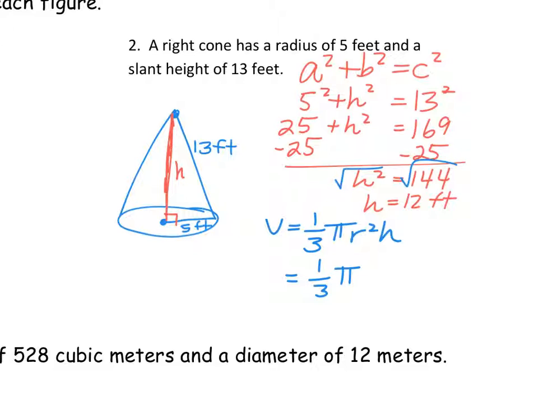Pi times the radius squared. Oh, that's not right. The radius is 5. My bad. 5 squared times the height, which is 12. You can type this in your calculator all at once, or you could leave it in terms of pi. It doesn't matter to me. I probably prefer leaving it in terms of pi, but it's a personal preference.